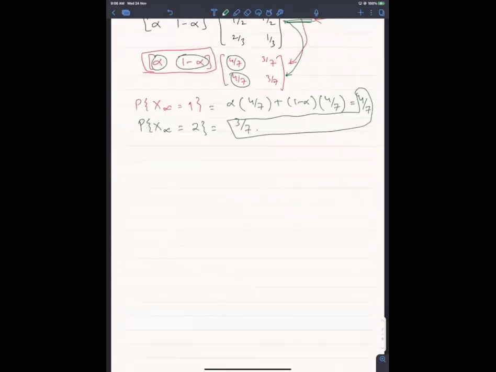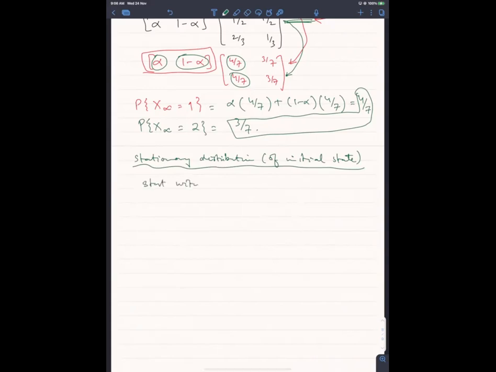Before that, I'm going to talk about the stationary distribution that we have already talked about. Stationary distribution of the initial state. You start with a state which is a stationary state. When I say start with this state, it means you have a certain probability of being in state 1 and a certain probability of being in state 2.